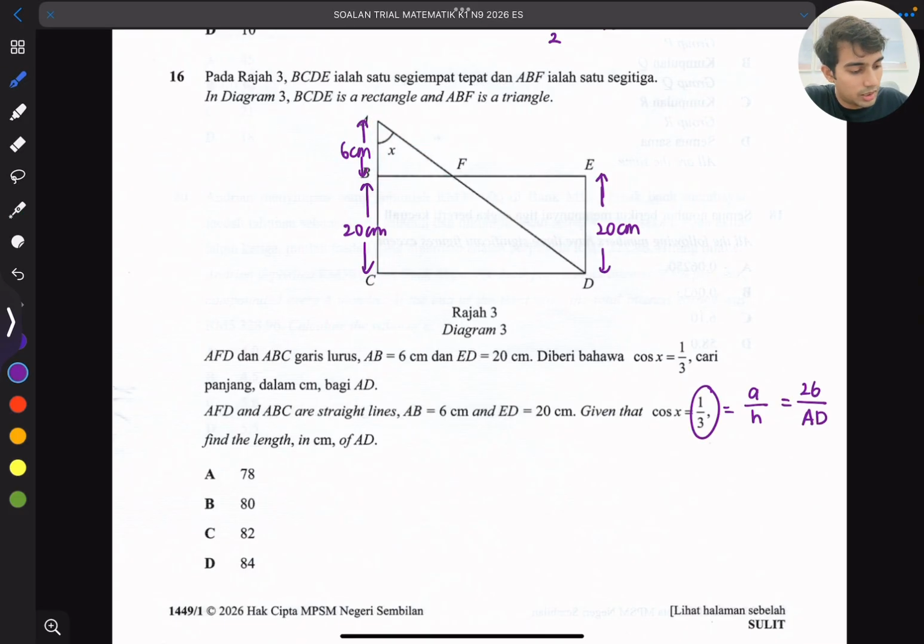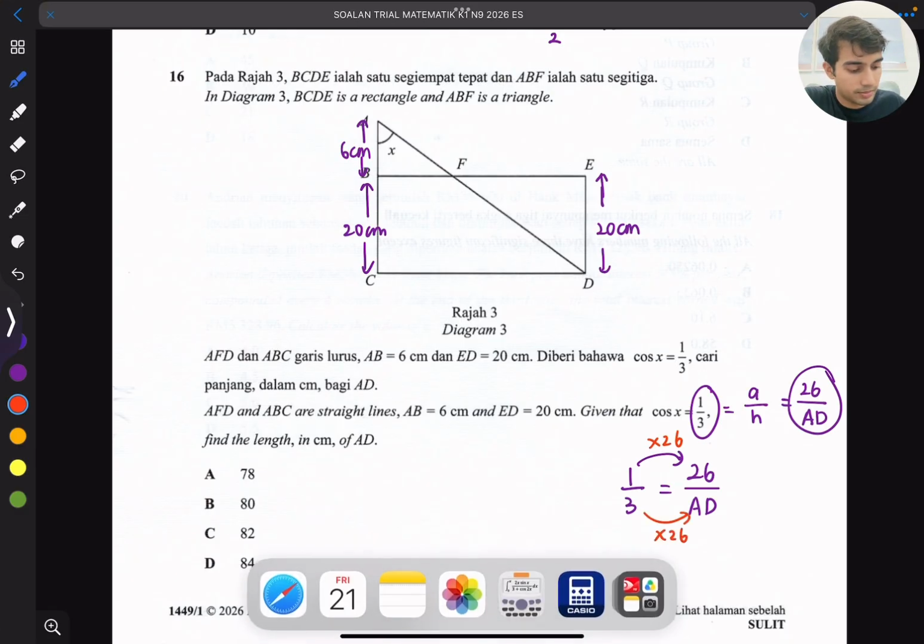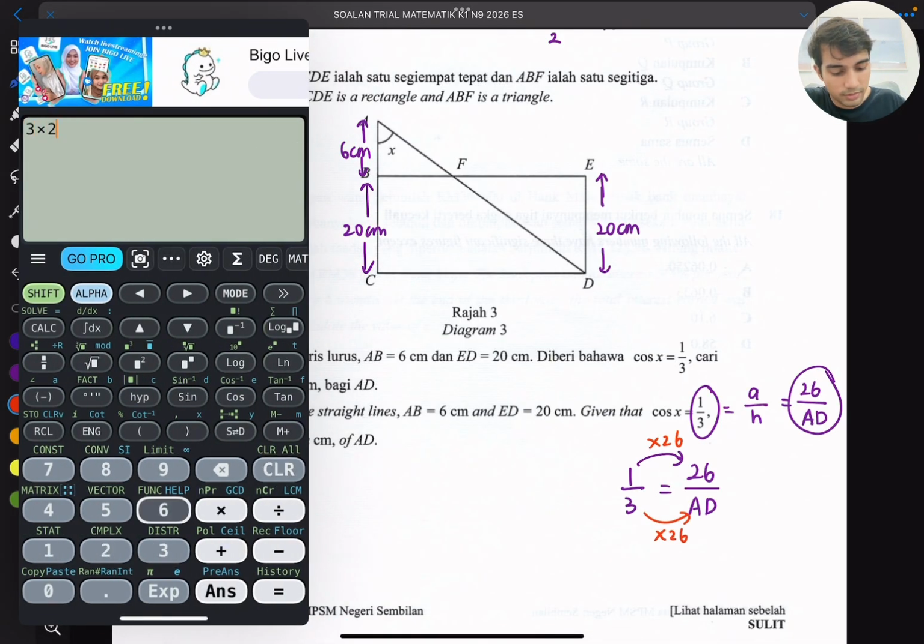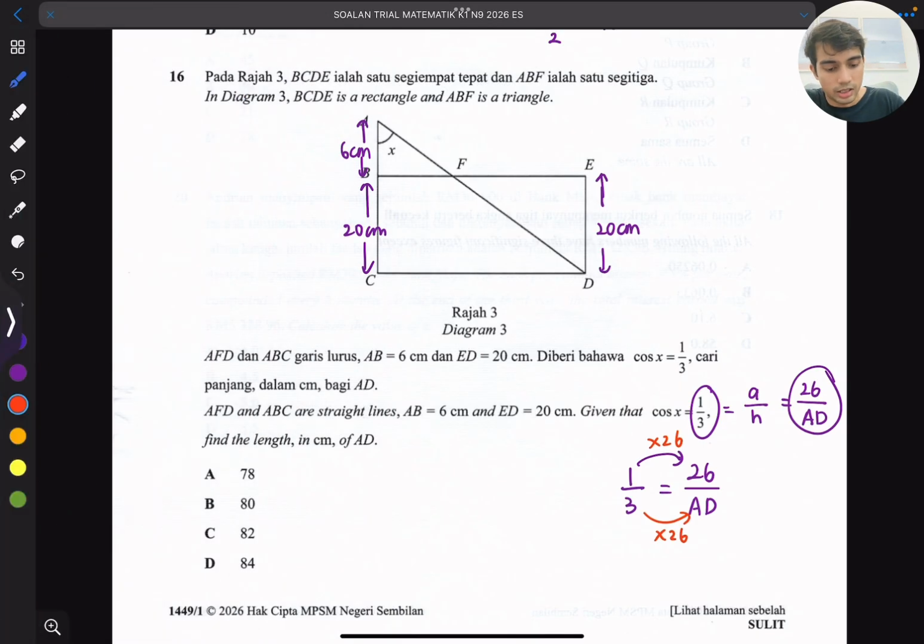So 1 over 3 is 26 over AD. If you want to make 1 into 26, you multiply by 26. So 3 also you times 26, you get 78. Done.